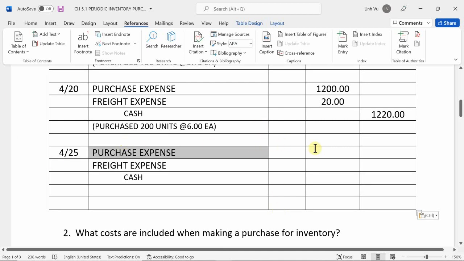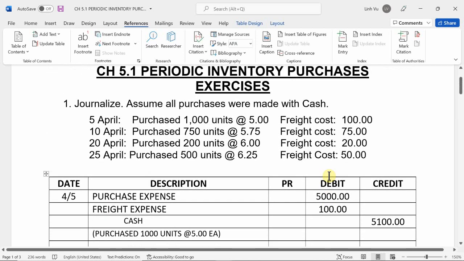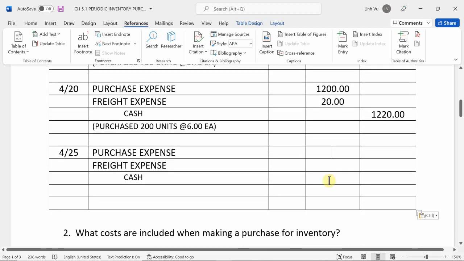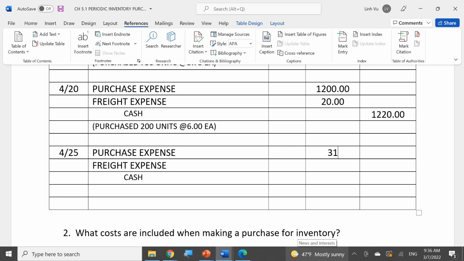If I bought 500 units at $6.25 each, what's my total purchase price? 3,125, plus $50 freight, 3,175. Good.